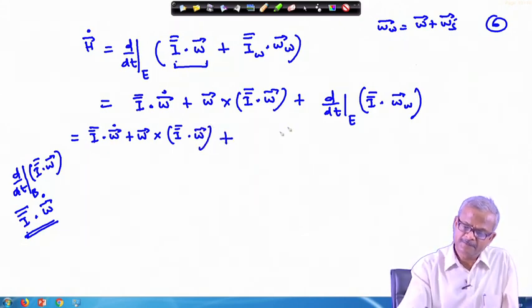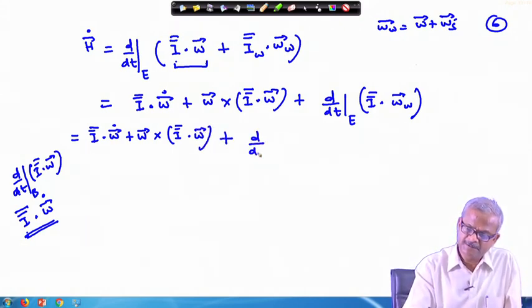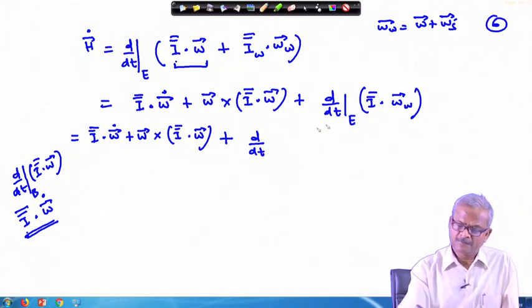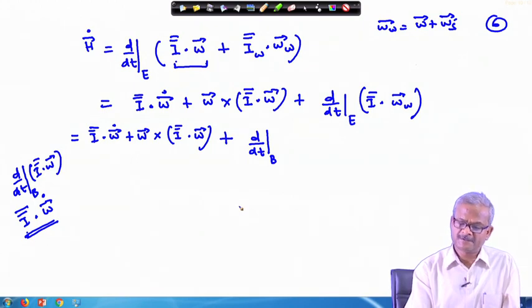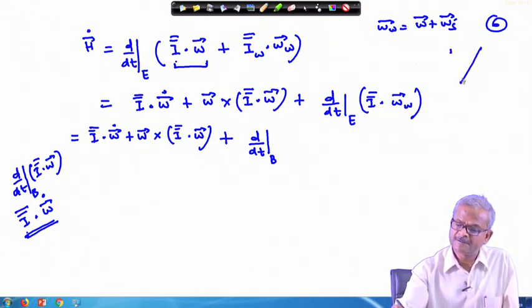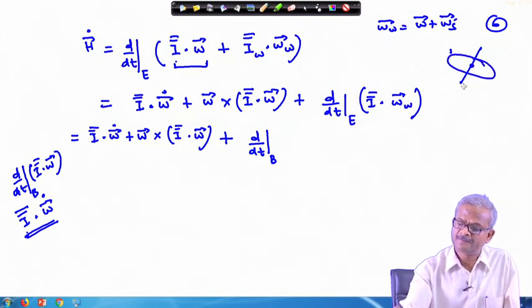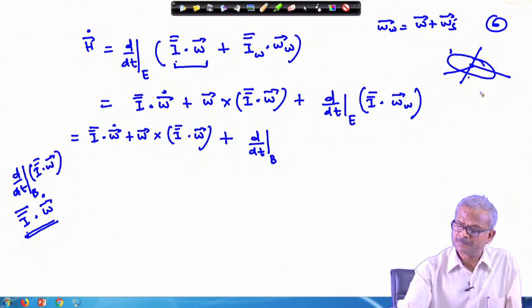Now, this part we can write as d by dt with respect to the body axis. Here in this case, this body axis will be the wheel, because we are considering this wheel as a separate body.